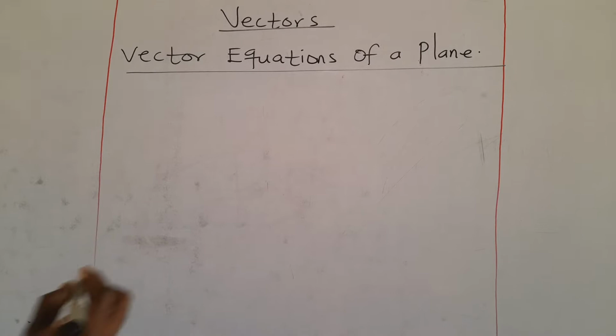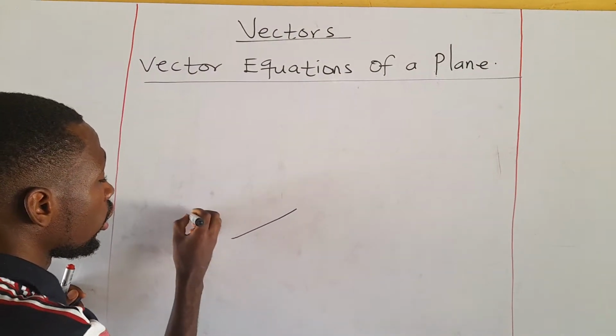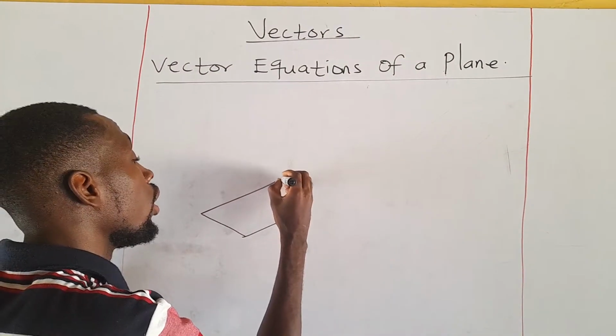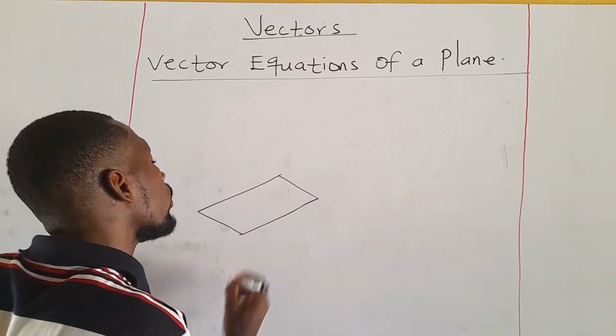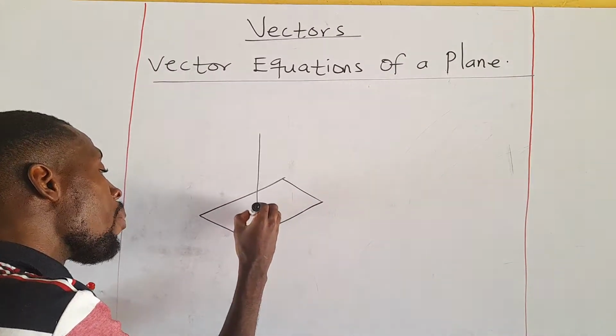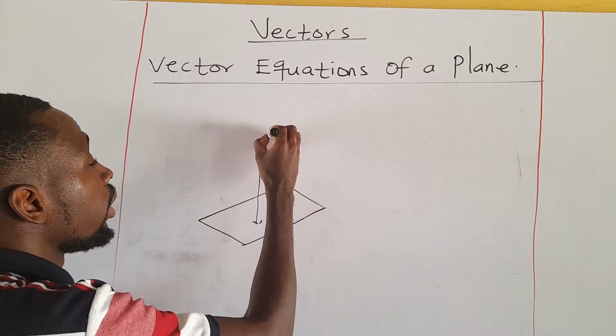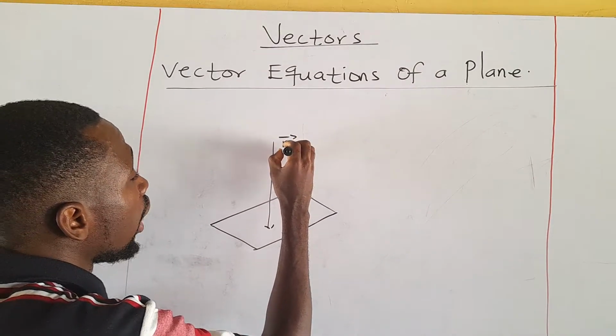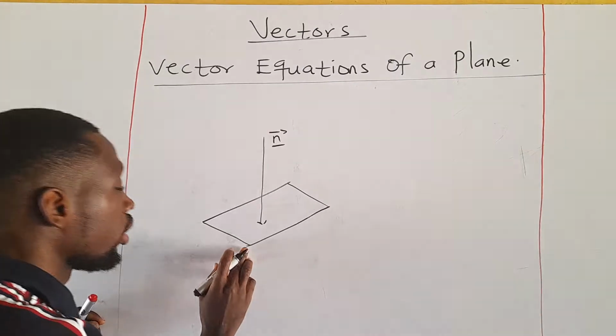So if we have a plane of this nature, let's say we have a plane like this, what we must know is that there is always a normal vector acting on this plane. So let's say a normal vector n acting on this plane.